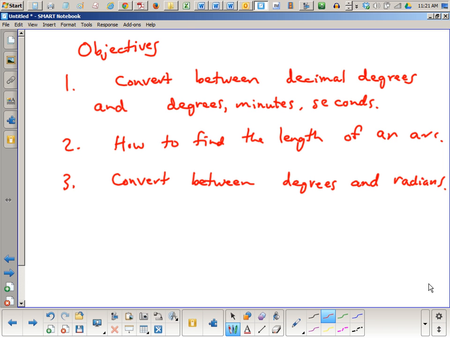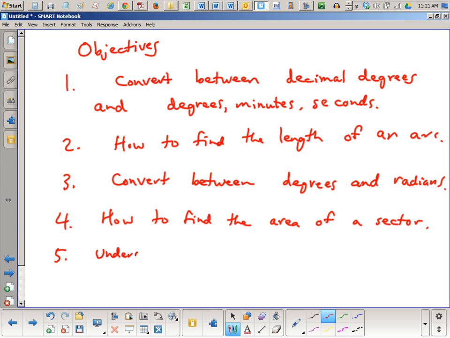Maybe your only exposure to radians is you pressed mode once on your calculator and you saw that there was a choice between degrees and radians. So we'll finally talk about that today. Four is how to find the area of a sector, and the last one is understand the relationship between linear velocity and angular velocity.